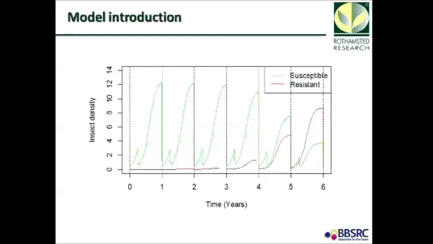So that's what we're doing. We're tracking selection over time according to the amount of dose that we apply each year, and see whether a high dose will increase or decrease the rate at which resistance builds up.